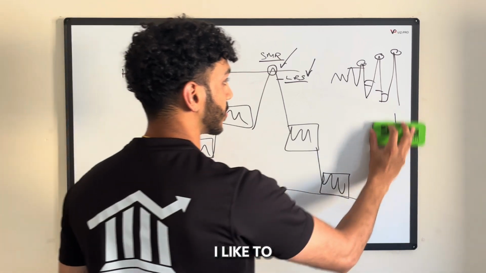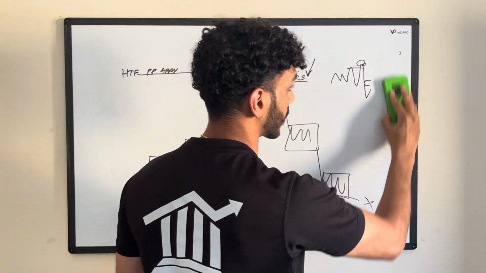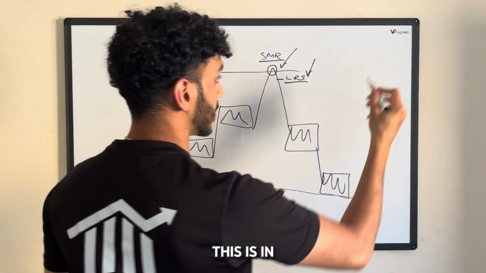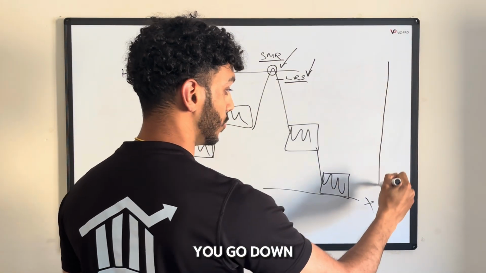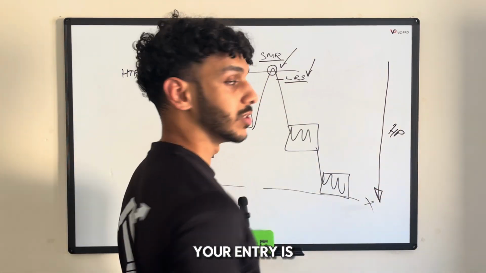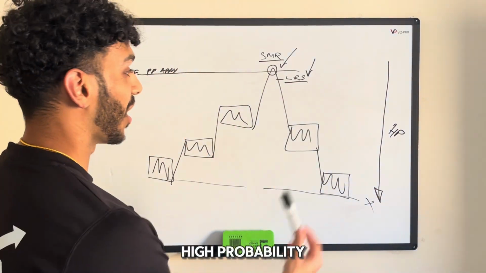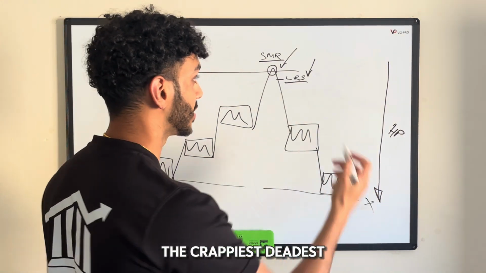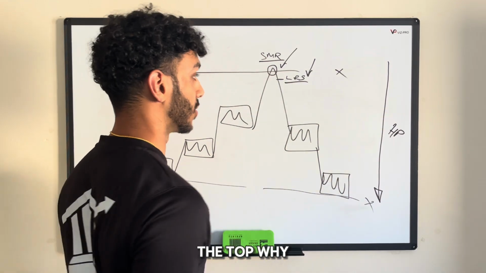The way I like to explain this is, in fact, the lower you go down, the more HP your entry is. What's HP? High probability. So pretty much the crappiest, deadest entry is at the top. Why?